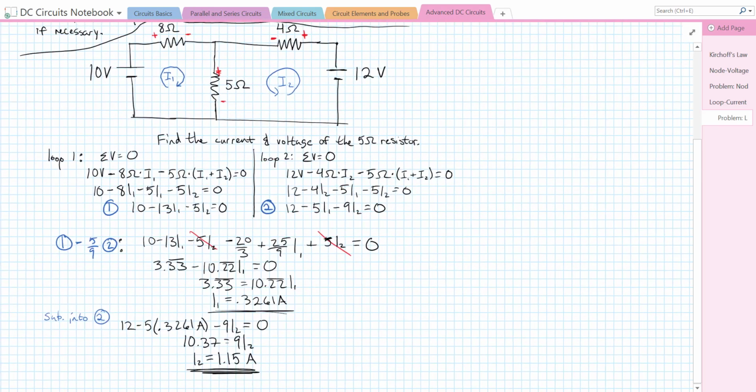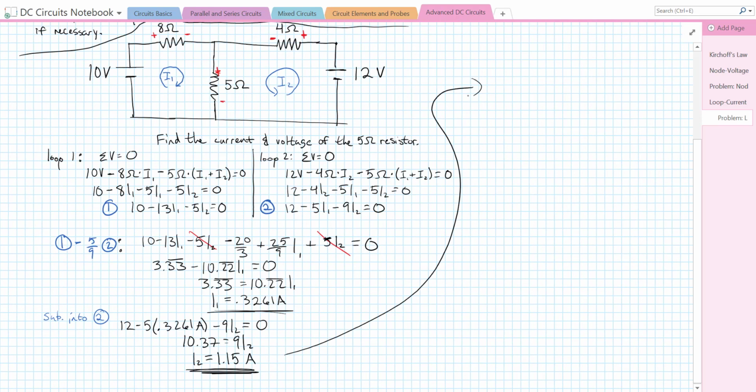So let's come all the way up here. And for our final answer, we need to find the voltage and the current through that 5 ohm resistor. Well, we know that our current is just I1 plus I2. So that's easy to solve.